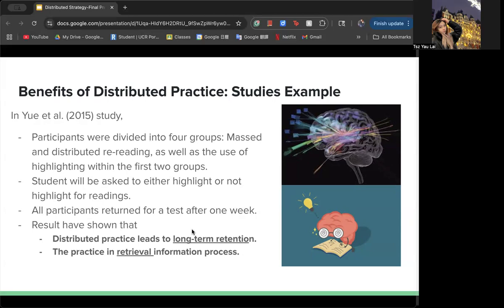Within these two groups, they were divided into the use of highlighting and no highlighting. Students were asked to return for a test after 1 week. The overall results showed that distributed practice led to long-term retention and increased retrieval, information processing, and overall memorization.